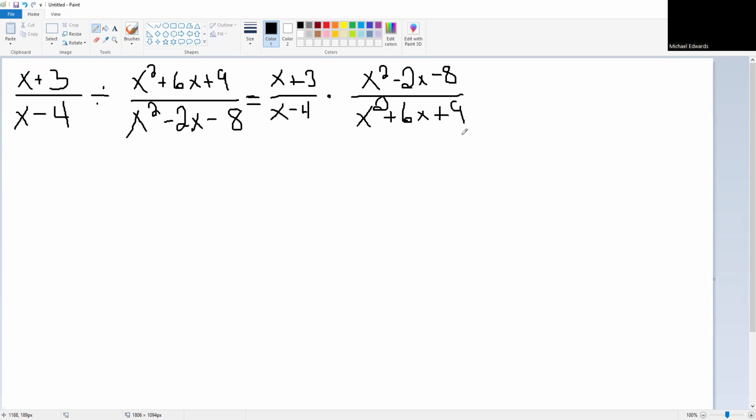Okay. Now, let's factor these. We have a negative 8. Let's start with that guy. We have 1 and 8, and 2 and 4. We have 2 as the middle coefficient.